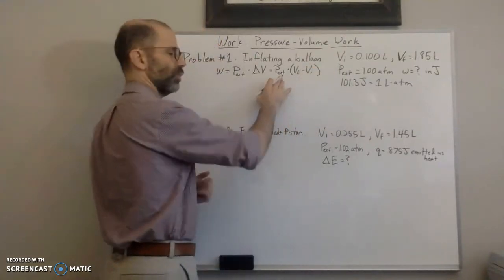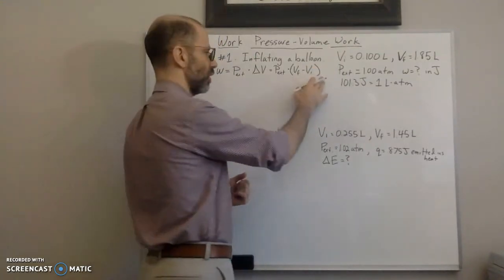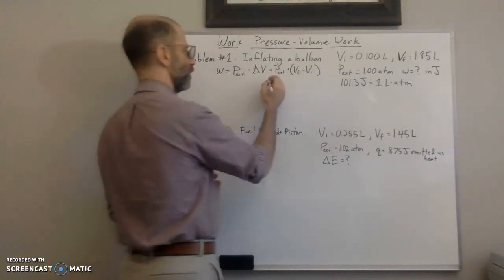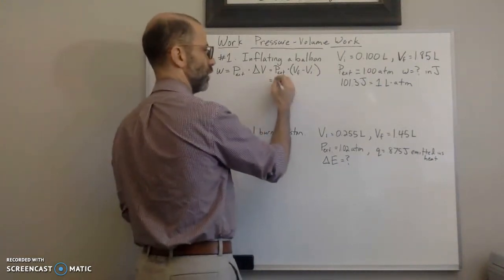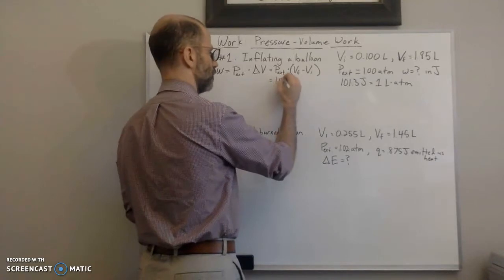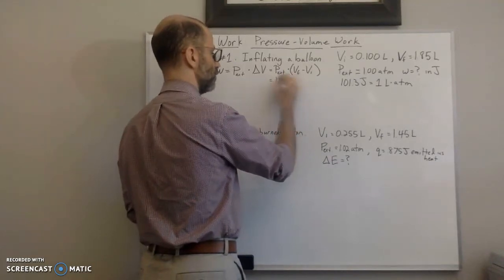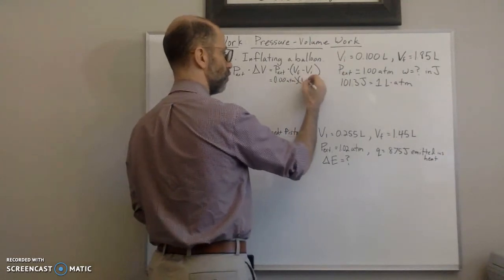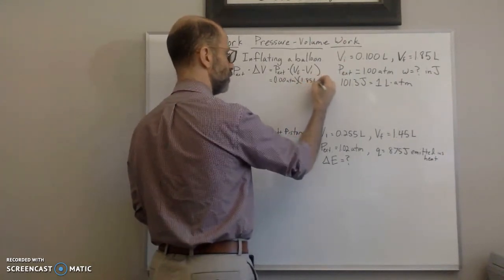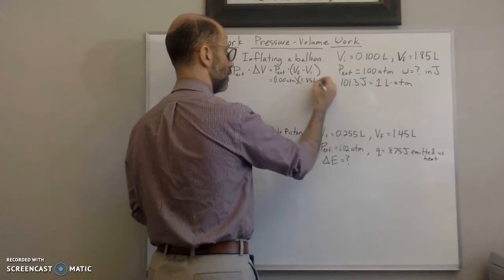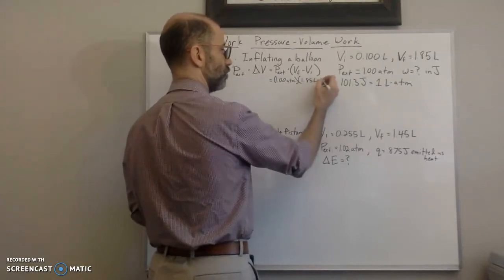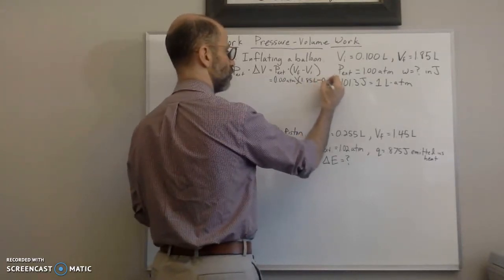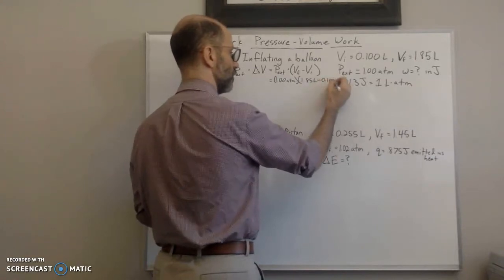We know the external pressure, the final volume and the initial volume, so we just plug everything in. We have 1.00 atmospheres, the final volume is 1.85 liters, minus the initial volume, which is 0.100 liters.